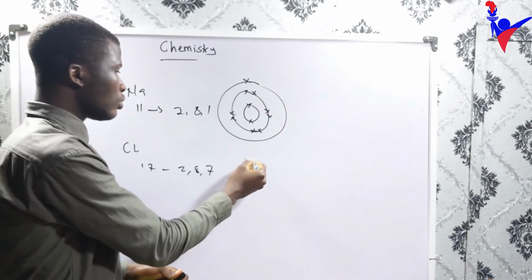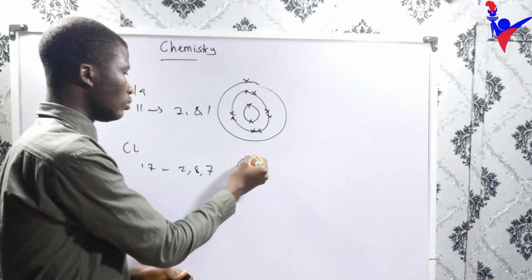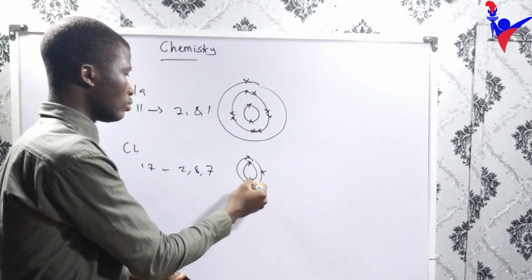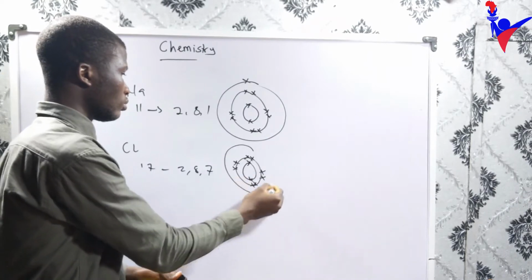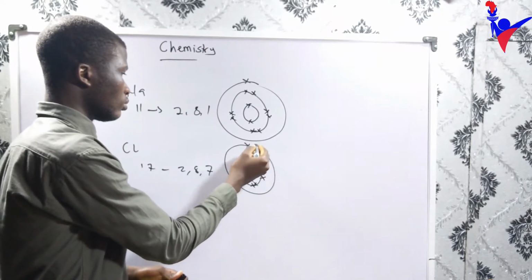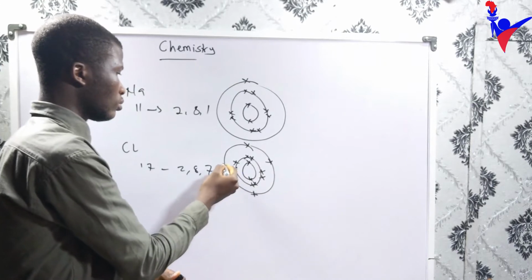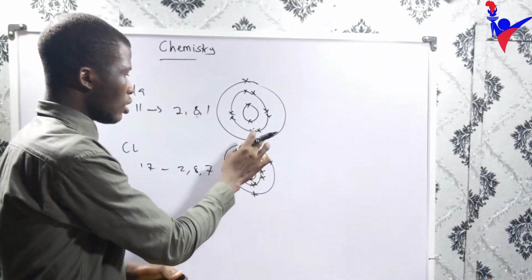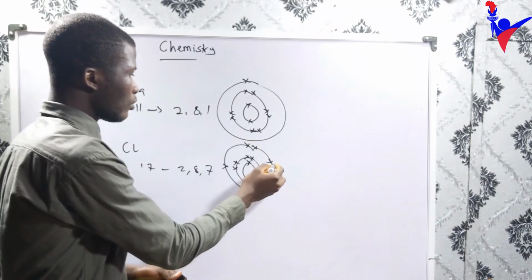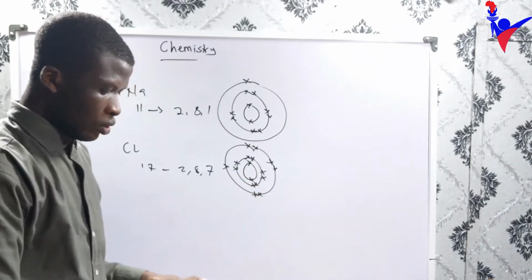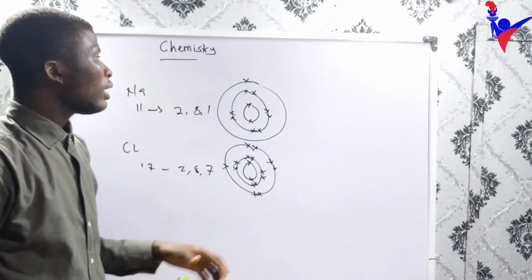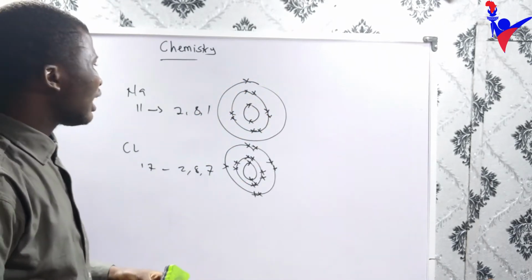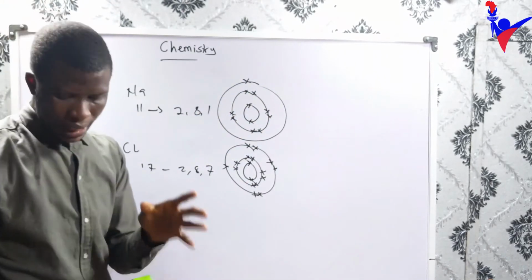We are going to do the same thing which you have done here, 1, 2, 3, 4, 5, 6, 7. Okay, awesome. This is chlorine, this is sodium. Now when these atoms come together, let me just explain that.